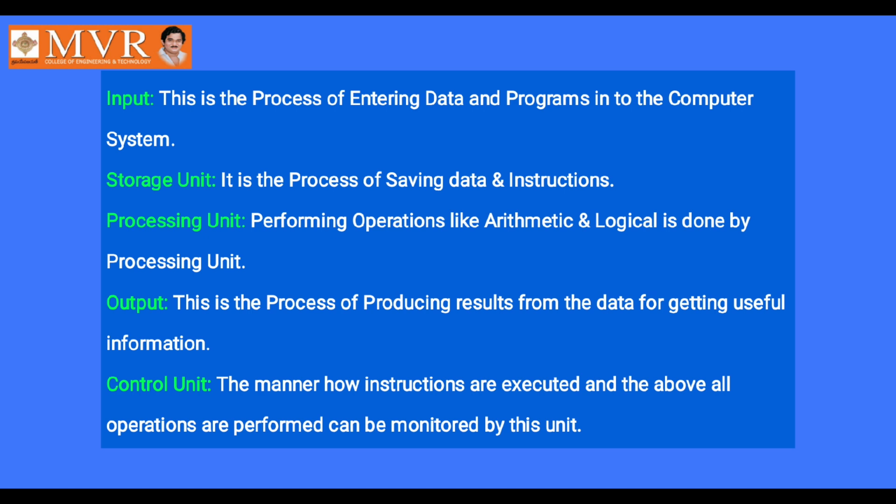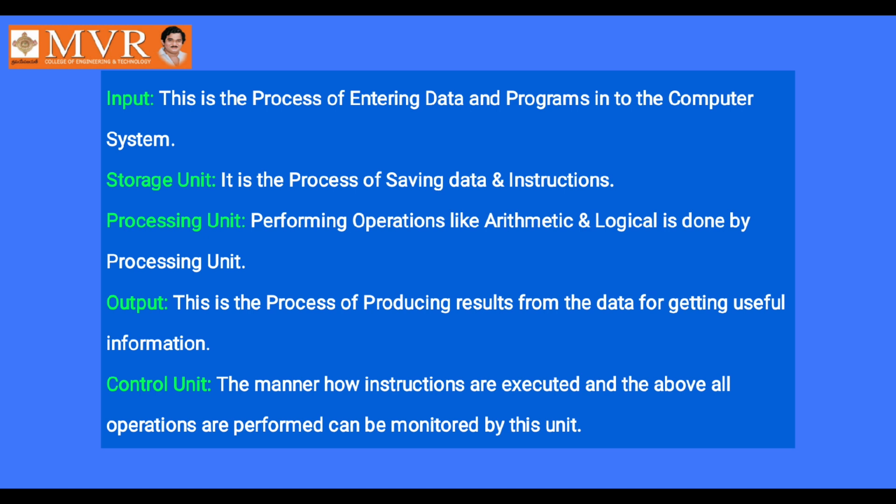Initially what you give is raw data, and after some process, what you get is processed data, which is useful to the user. So the input unit takes the data from the user to the computer in an organized manner for processing.